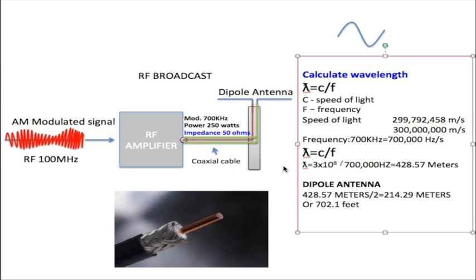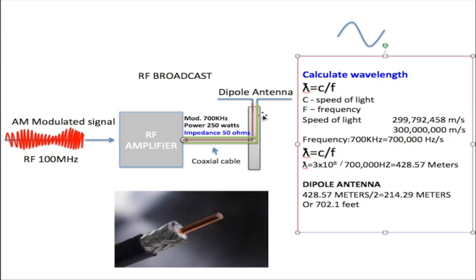However, at this height, you will have an impedance of 73 ohms. Not the 50 ohms that we need, we'll have it at 73 ohms. In order to get it down to the 50 ohms that we require in order to have maximum power transferred out, we need to lower the height of the antenna. Now, how would you know when you have it down to 50 ohms is the question.